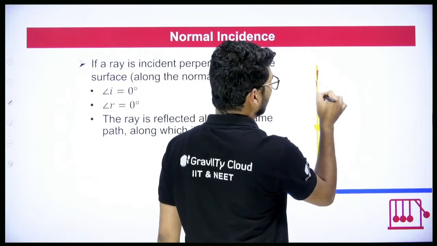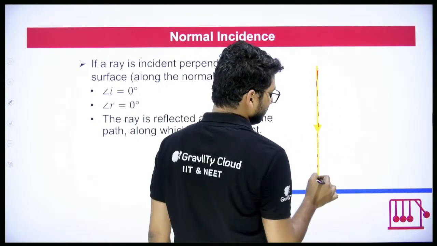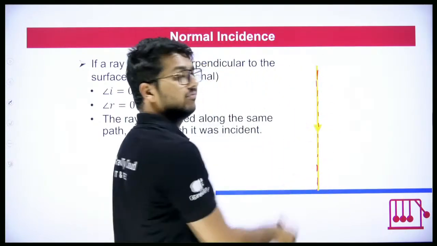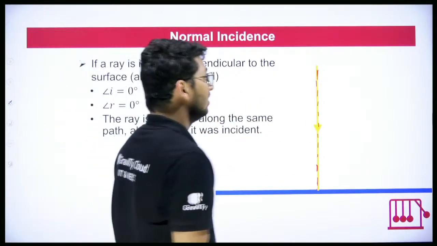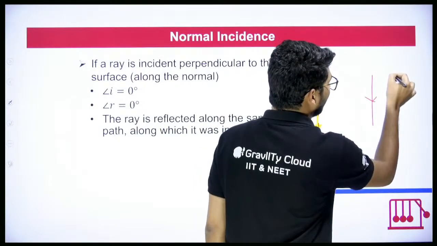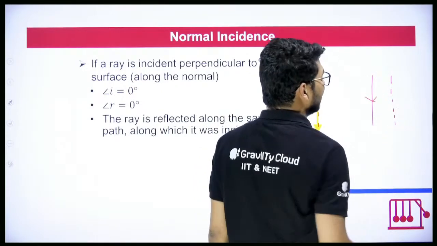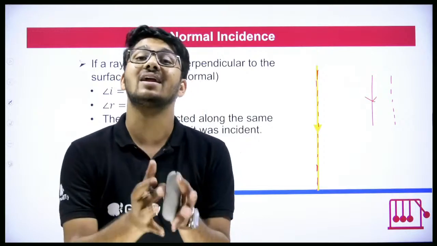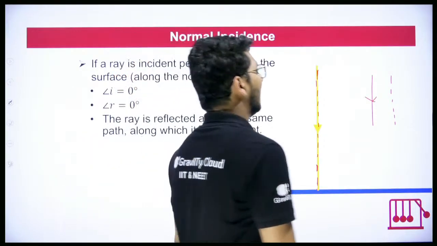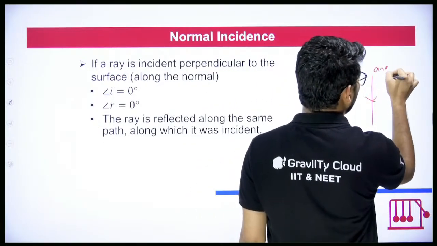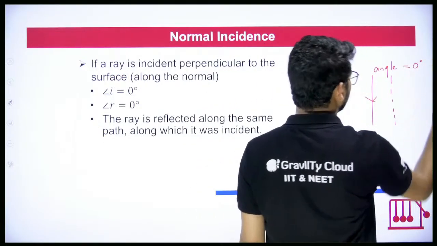See, when you draw the normal, the incident ray is along the normal. That means both of them are along the same direction. They are parallel. Now what is the angle between them? The angle between them will be 0 degrees.